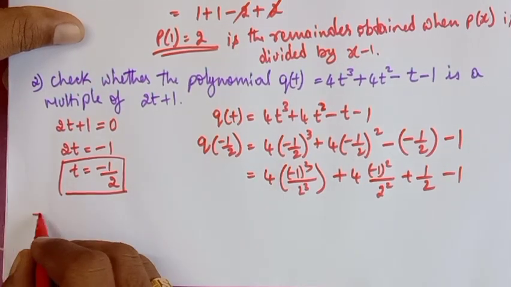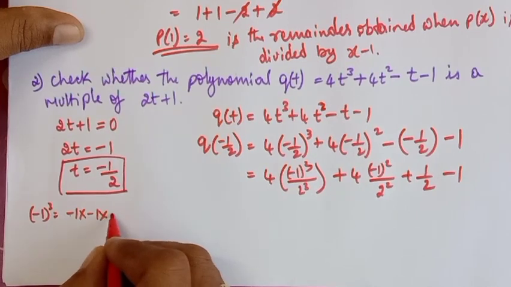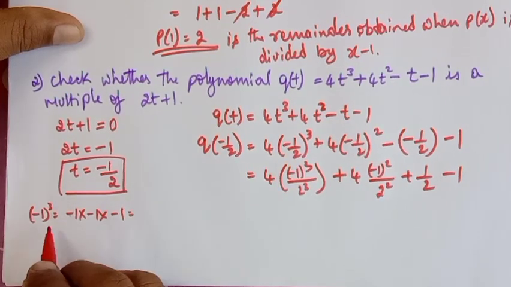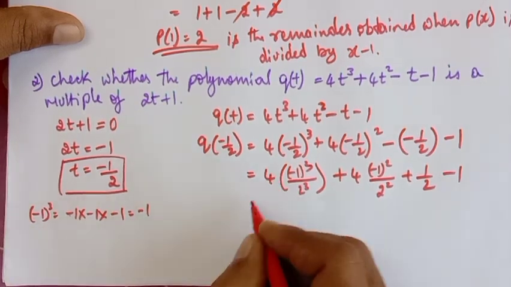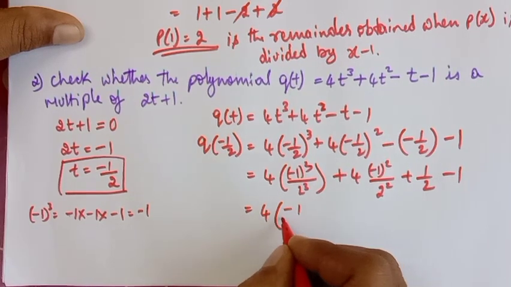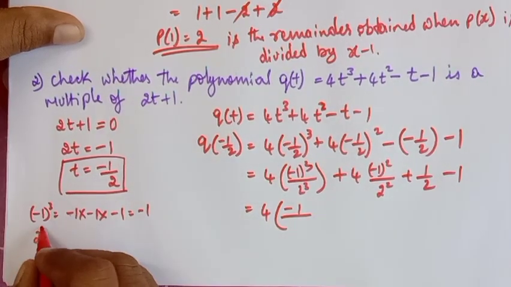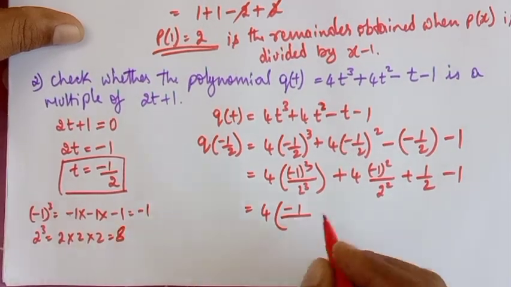Here let us take minus 1 whole cube, which is minus 1 into minus 1 into minus 1, which is, minus into minus is plus, plus into minus is minus, so 1 minus 1. So here the value is 4 into minus 1 by 2 cube. 2 cube is 2 into 2 into 2 is equal to 8.